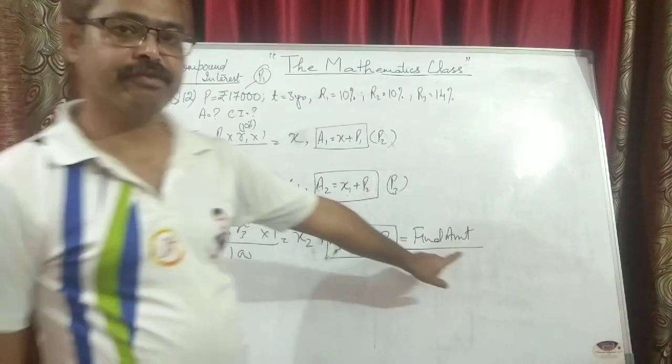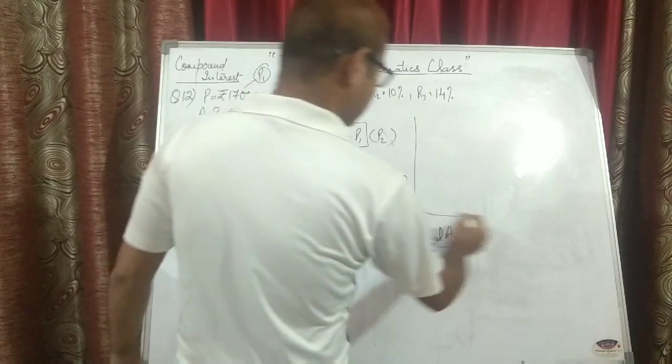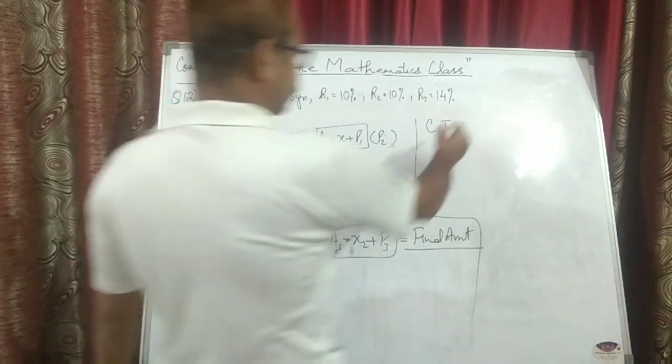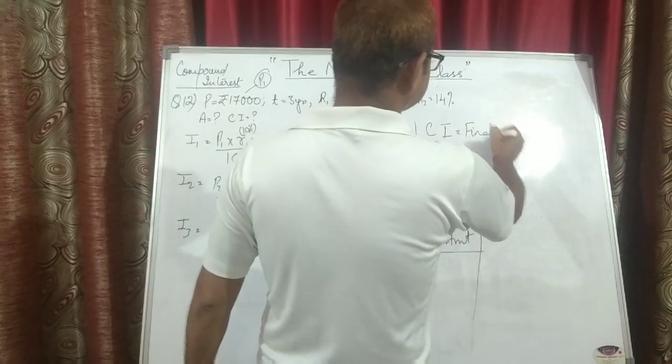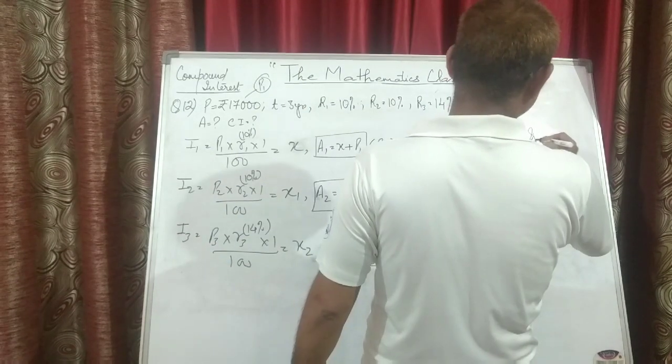This A3 will become the final amount. Now you have to calculate compound interest also. So what will be the compound interest? Compound interest will be the final amount minus initial principal.